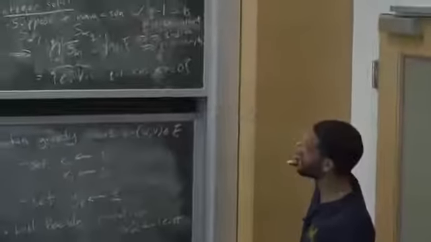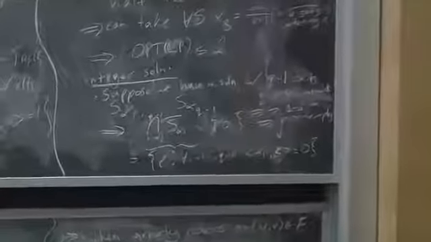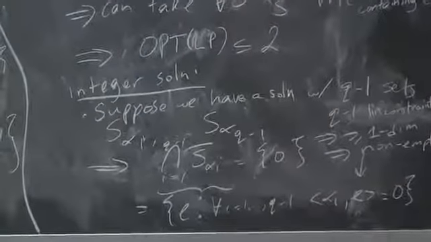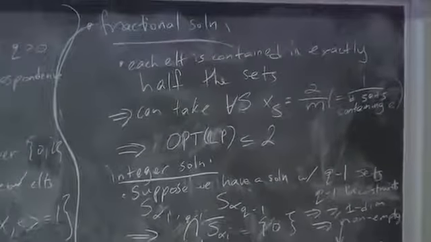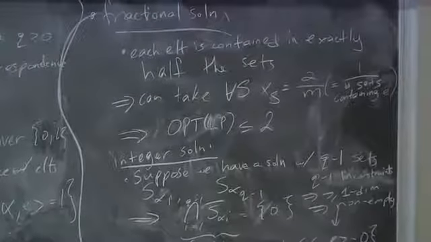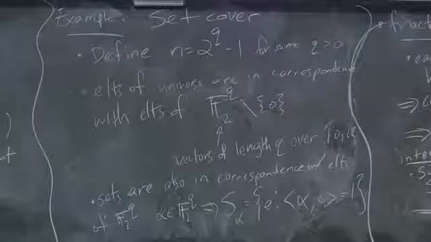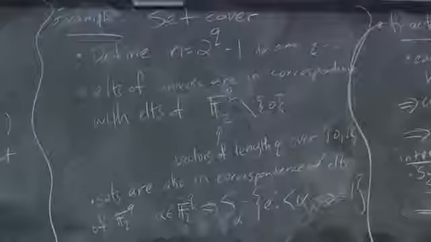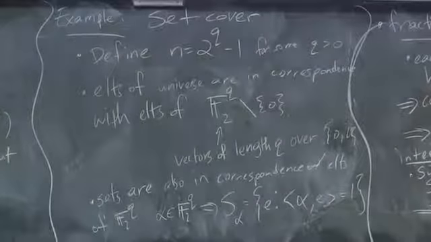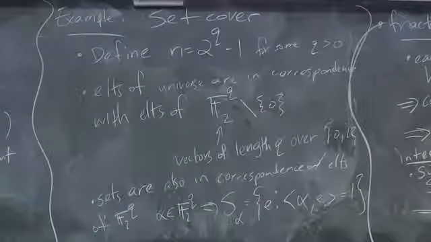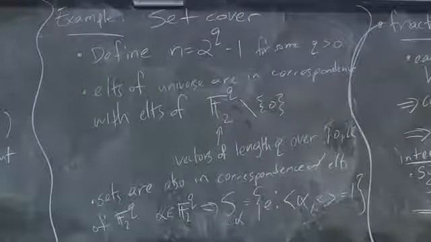For the set cover problem, it's a theorem due to Feige in '98 that you can't do better than natural log of n unless you can solve SAT in time n to the log log n or something like that. The best known algorithms for SAT run in exponential time, so that gives strong evidence that we don't expect to beat natural log of n.